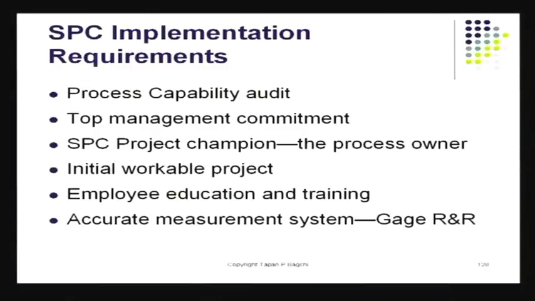There are certain requirements for implementation of control charts. First of all, something that is very important that I'm going to be discussing in the next session is have an audit done of process capability. And process capability is a really, really cute indication of whether your process or your machines or your factory is capable of supplying good quality, acceptable products to customers.